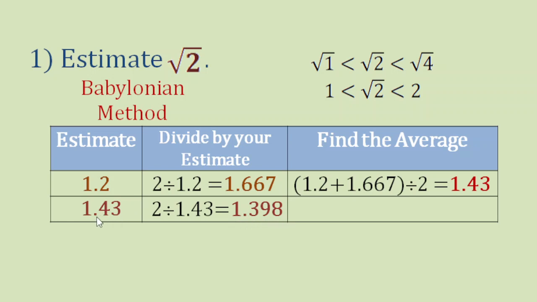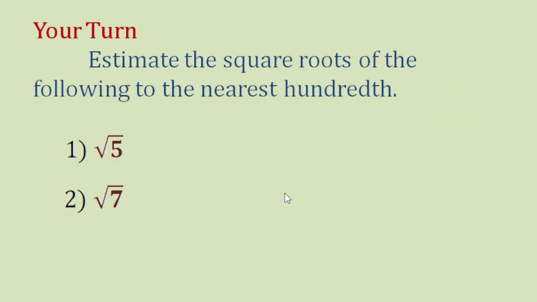And again, we are going to find the average. 1.43 plus 1.398 divided by 2. Our answer is 1.41. Now, the answer we have here, 1.41, is very close to our estimate, 1.43. So we accept 1.41.